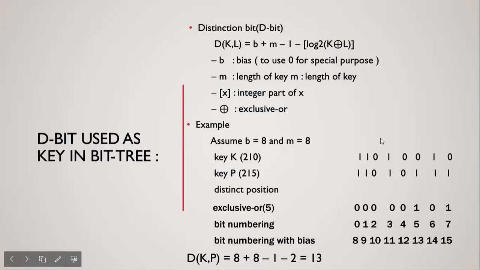So key 210 is equal to 11010010 and key P, 215, is 11010110. After the exclusive or, the position is 00000100. So D of K, P is equal to 8 plus 8 minus 1 minus 2, which is equal to 13.